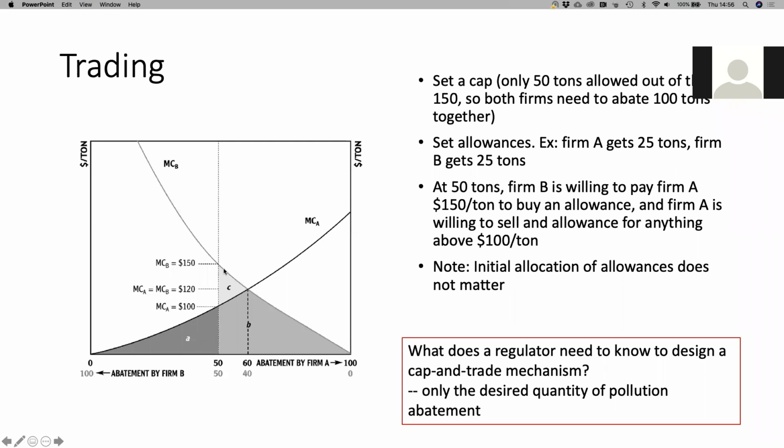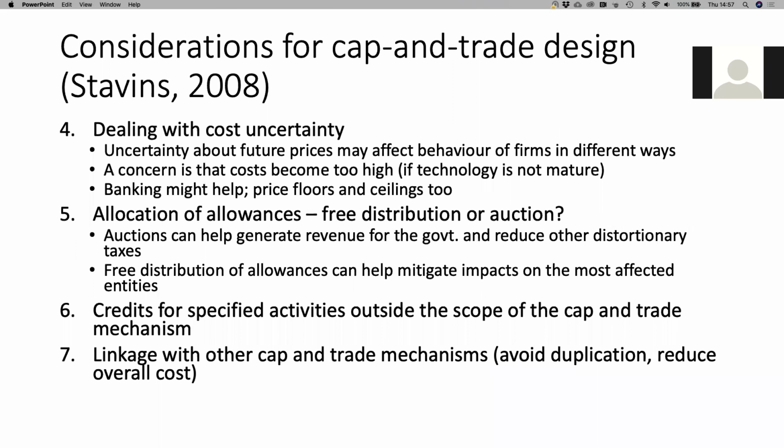So if these two trade, it makes sense for firm B to buy an allowance for a cost lesser than 150, and for firm A it makes sense to sell its allowance up to this point. So that's how the idea of trading allows the most efficient, optimal, cost-effective outcome.